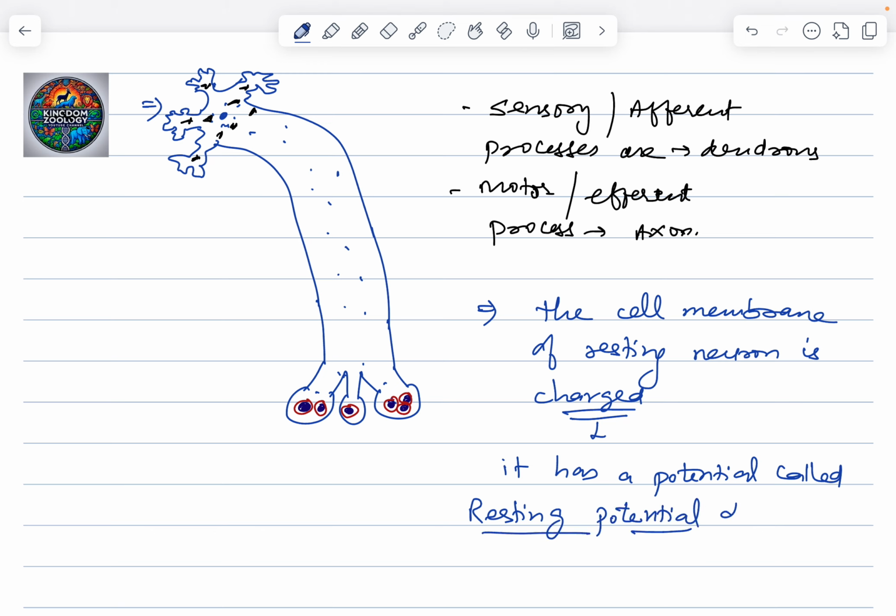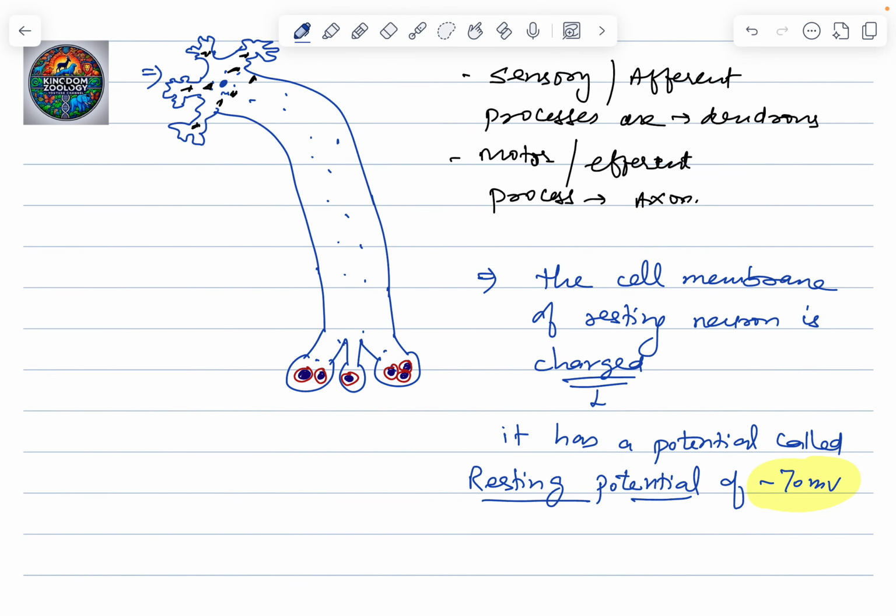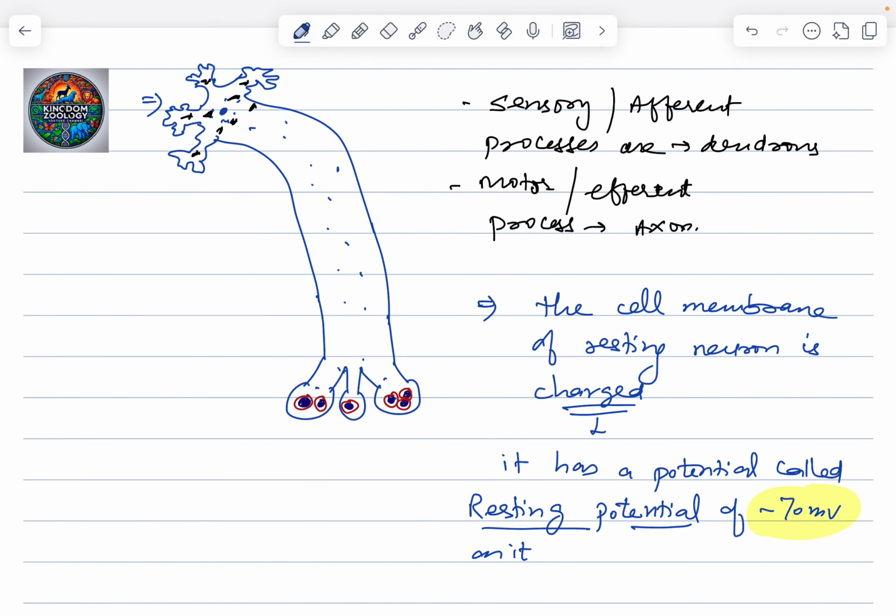It is a resting potential, and what's the value of the resting potential? Very less, a very mild potential, minus 70 millivolt. So when I'm saying it has got a resting potential of minus 70 millivolt, what I'm referring to is that the inside is negative and the outside is basically what? Positive.